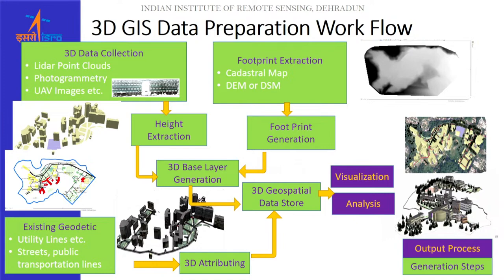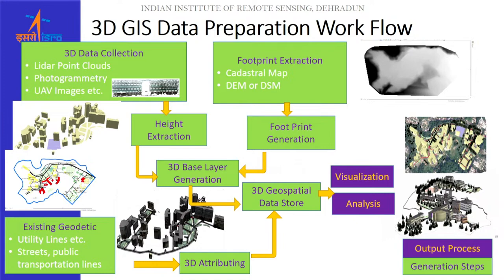So you have the building footprint, and you have a height available to you. The combination of these is going to give you a 3D GIS base layer. That base layer we can then put on top of different terrain level information.